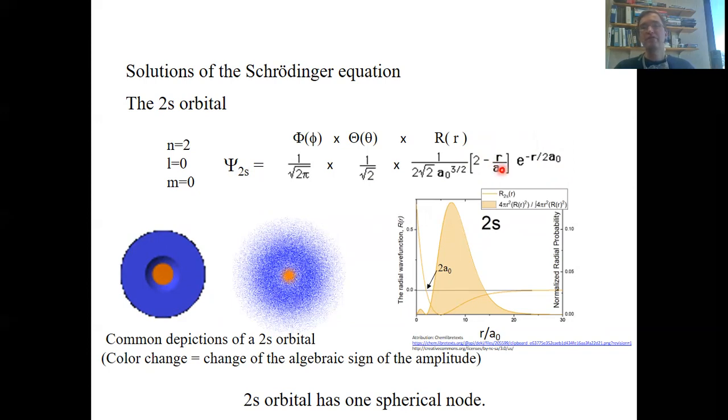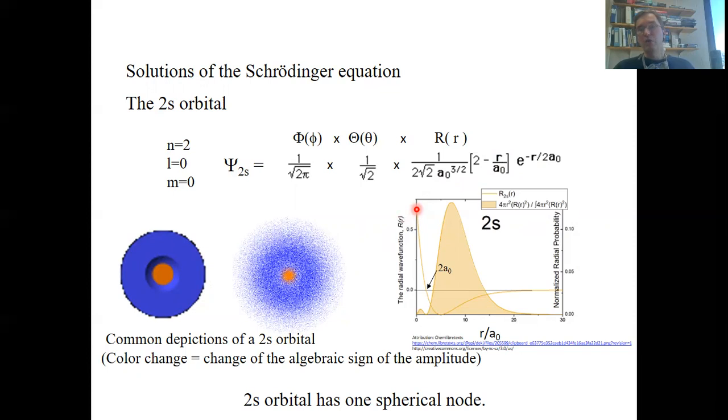And that is the case when r is equal to 2a0. Because then 2a0 over a0 gives 2, and 2 minus 2 gives 0. So that means at this distance from the nucleus, 2a0, our wave function will become 0. And at this point, it will actually change its algebraic sign.